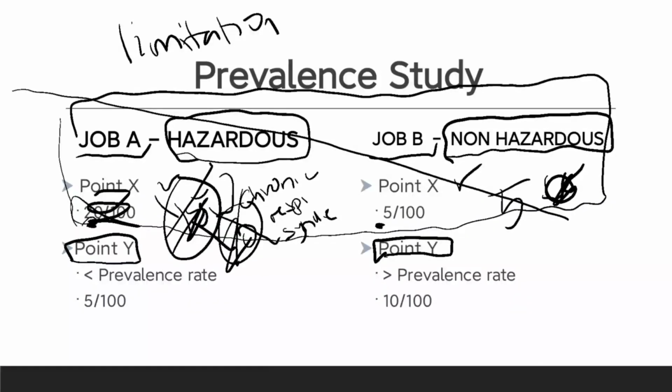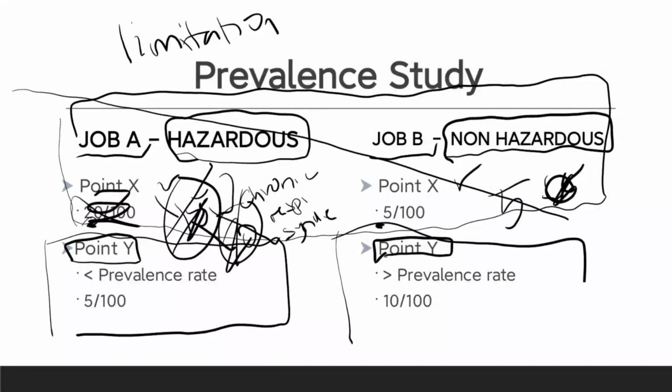Okay? So now, nung ginawa natin yung study, tinanong natin, again, itong job A, hazardous yan, no? Job B, non-hazardous. So, tinanong natin sila ulit, since nag-resign na yung mga wala na, no?